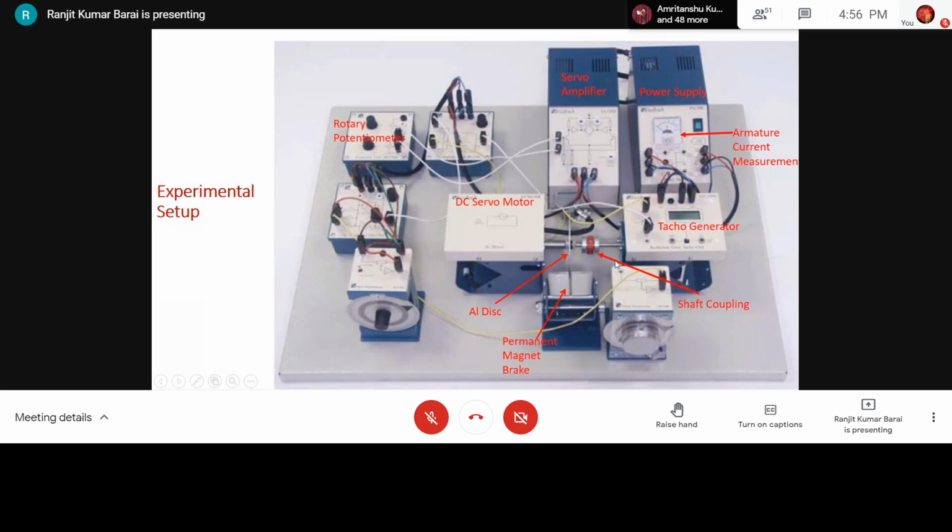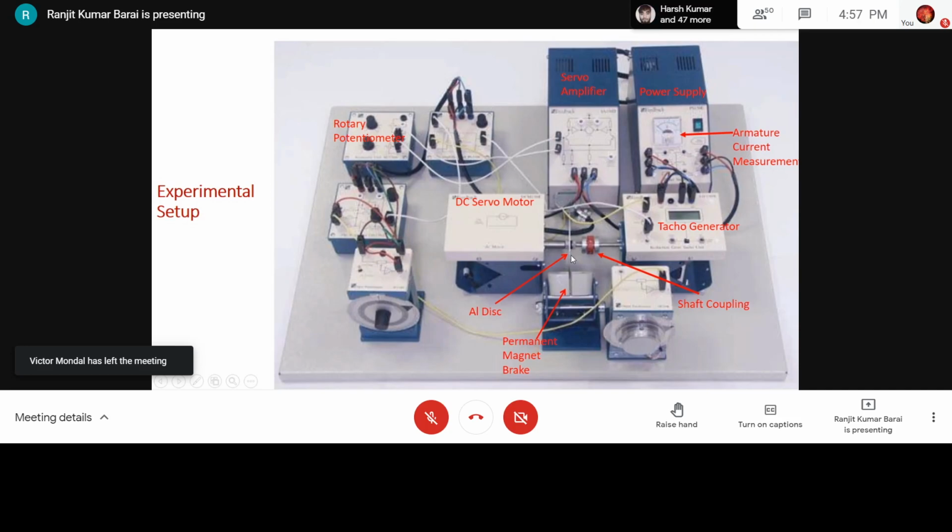Now the next thing to be explained is the permanent magnet brake, also called the eddy current brake.